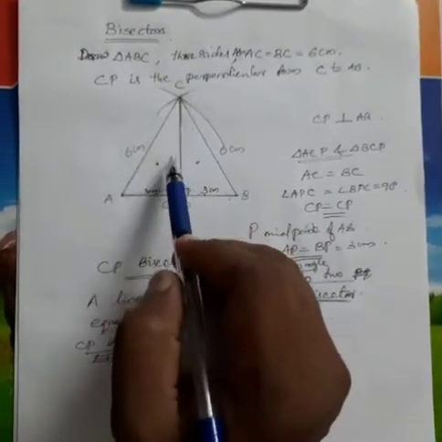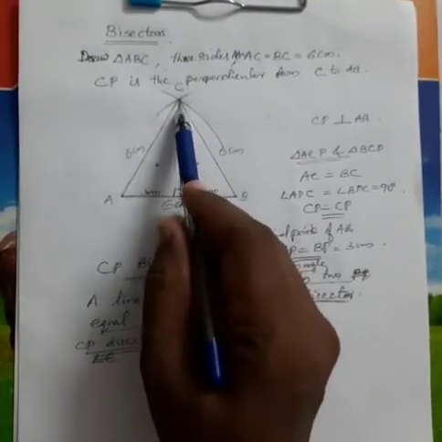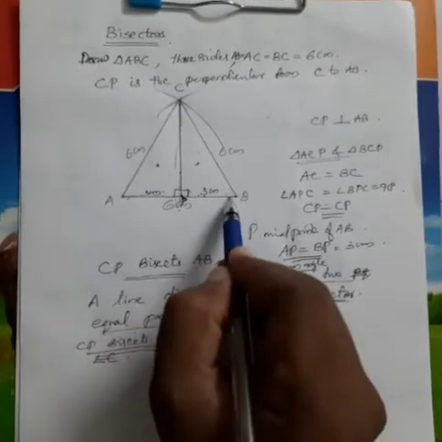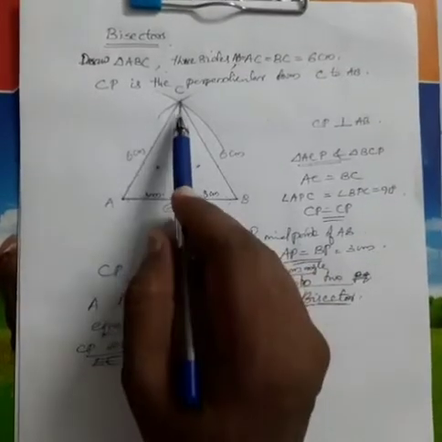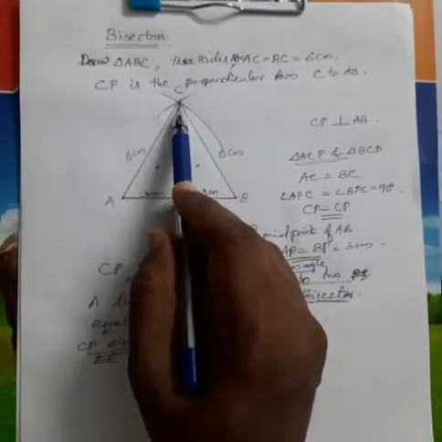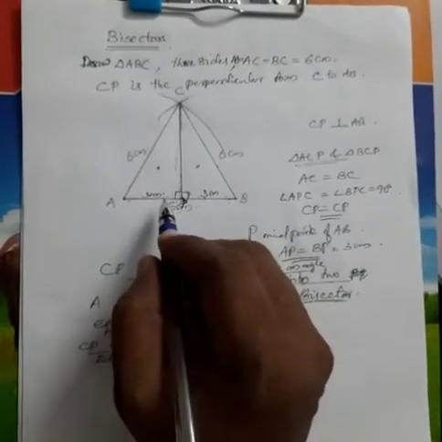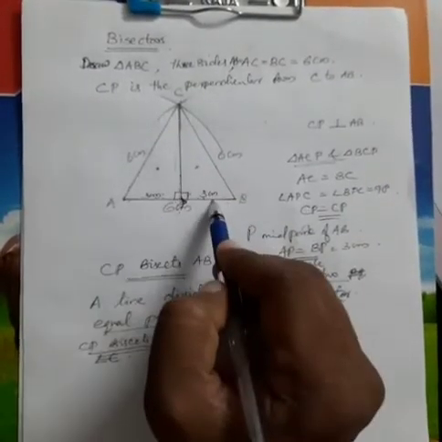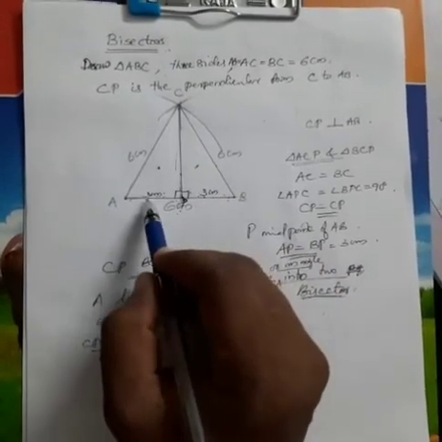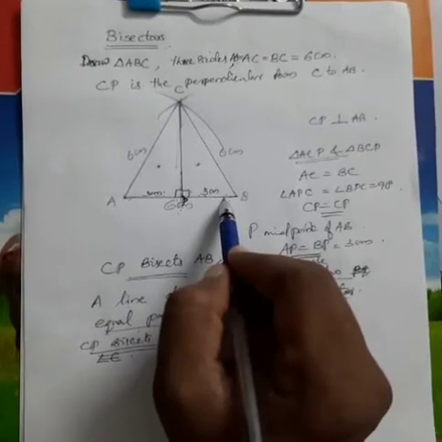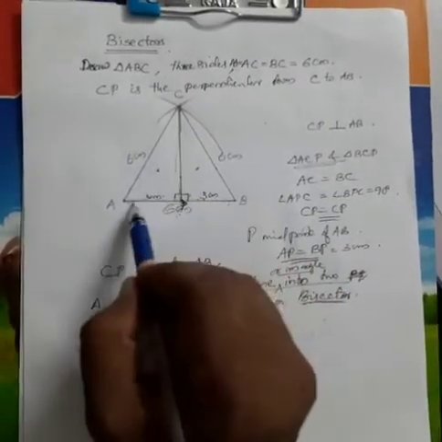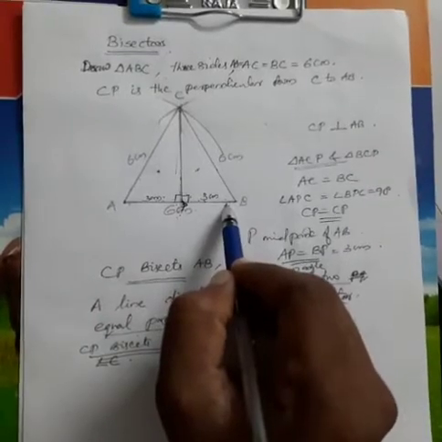Thus in the figure above we can see the line CP is a bisector of AB and the bisector of angle C. So it is a perpendicular of AB. So you can say this one as the perpendicular bisector of AB also.